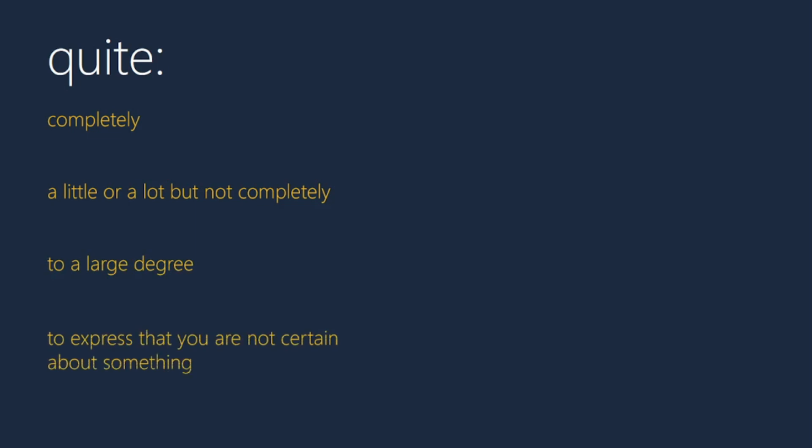Completely, a little or a lot but not completely, to a large degree, and to express that you are not certain about something. Not certain means not sure about something.